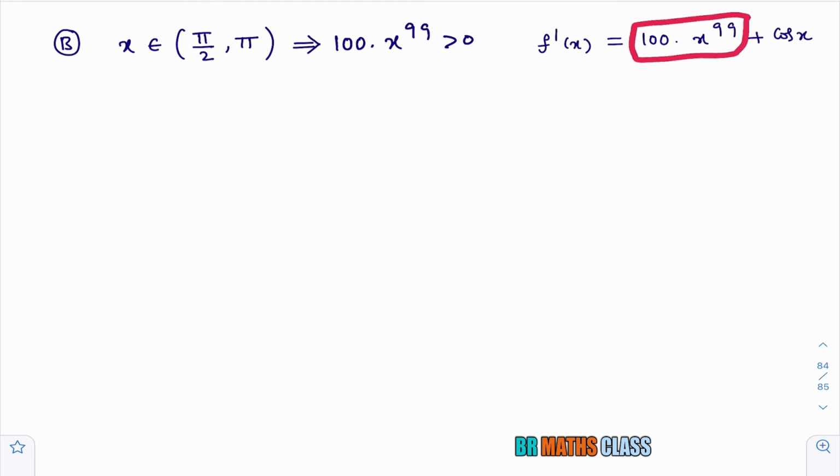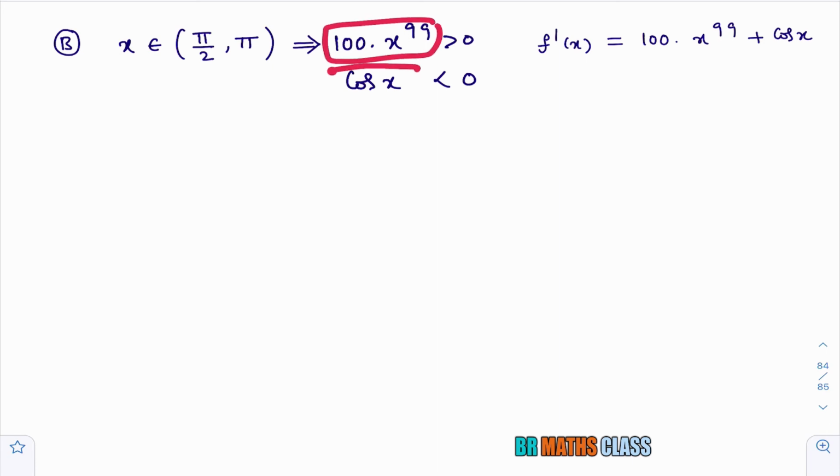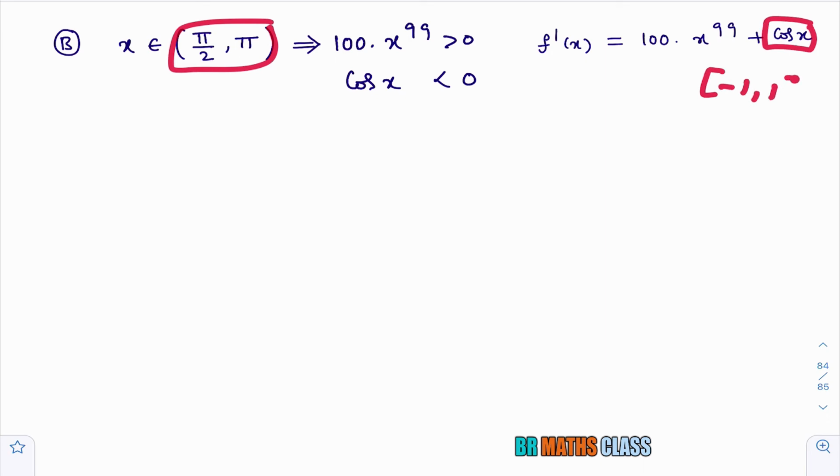This is easy. And you see here, as x is in the second quadrant, cos x is there. What do you know about cos x in the second quadrant? In the second quadrant, cos x is negative. So if I add these two, will I get positive or negative? I know that cos x is always in the closed interval -1, 1.